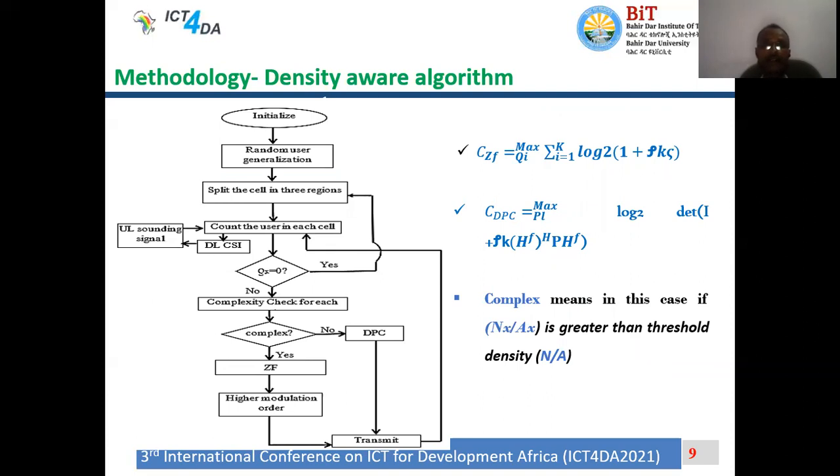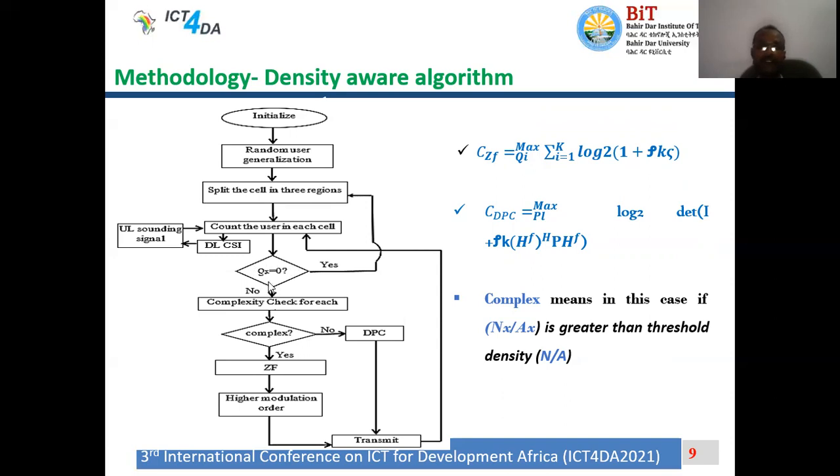Then we consider randomly generated users, splitting the cell into 3 regions, and after splitting the cell, we count the number of users in each region by using the uplink sounding signal and downlink channel state information, just to know the exact number and location of the users.